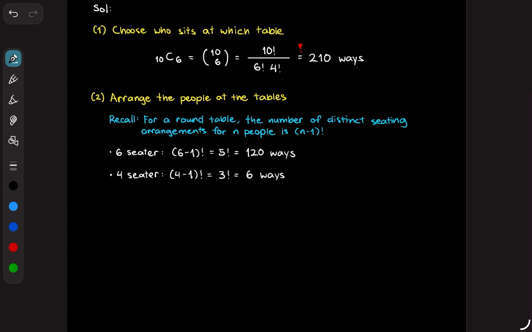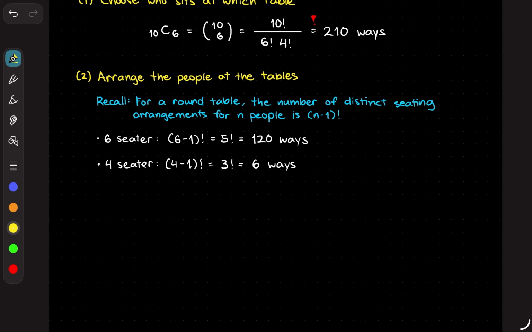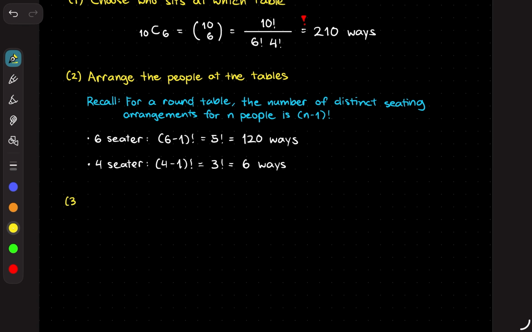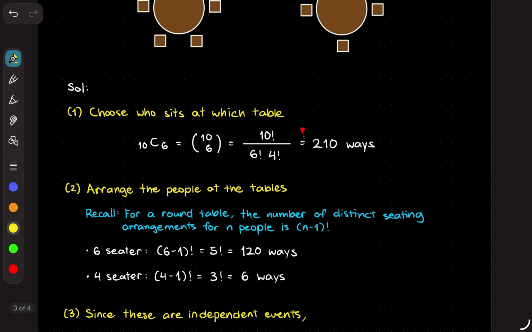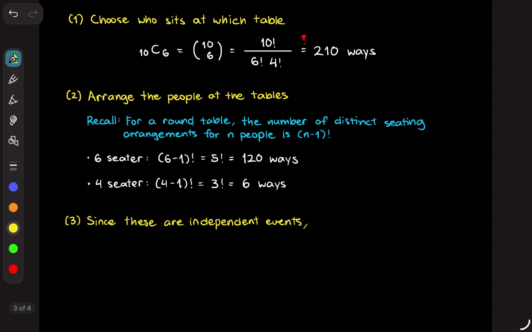So the last thing to do here is to just simply note that these events are independent. So recall that in probability or in combinatorics, when we have independent events, what we do is we multiply.